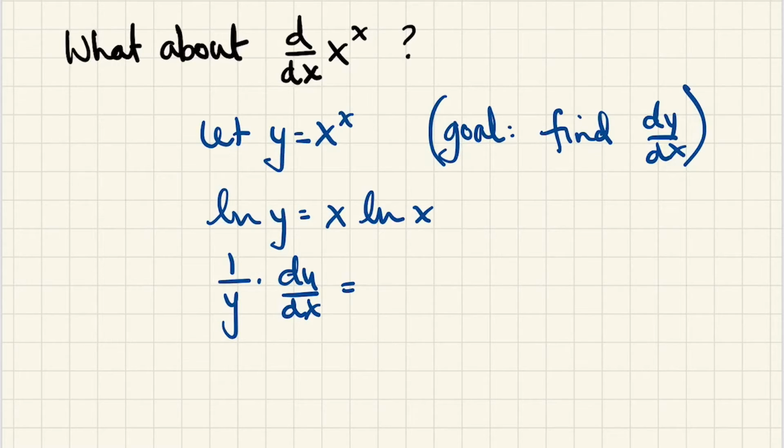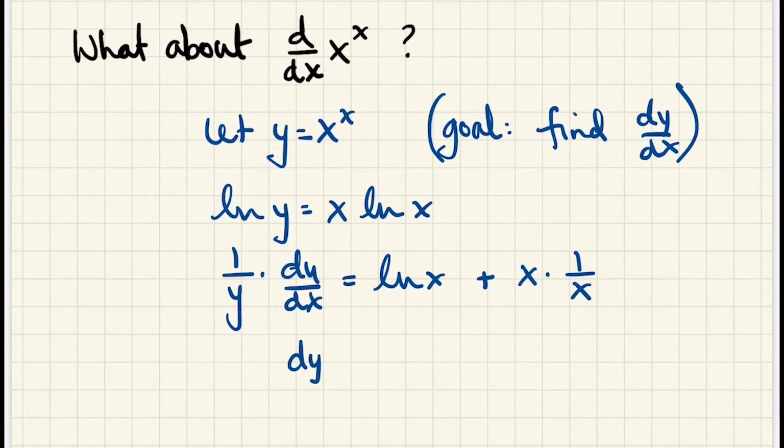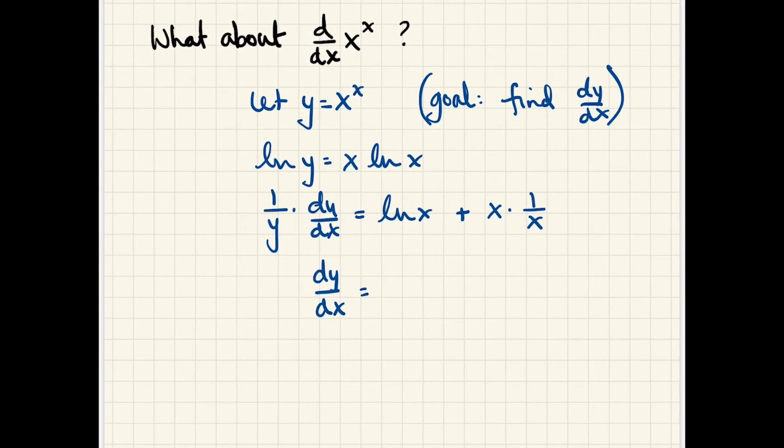On the right-hand side, we need the product rule. So the derivative of x is 1 times ln of x plus x times the derivative of ln of x. Okay, so that actually is just 1 there, that term. And so we get dy dx, bringing the y over, but y is x to the x.